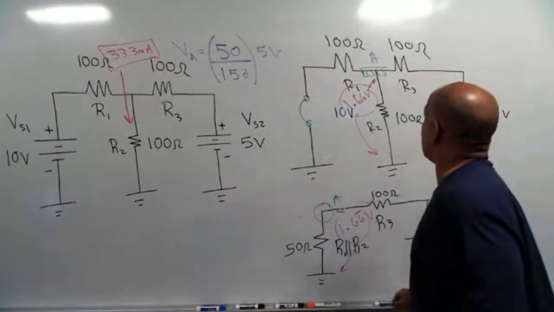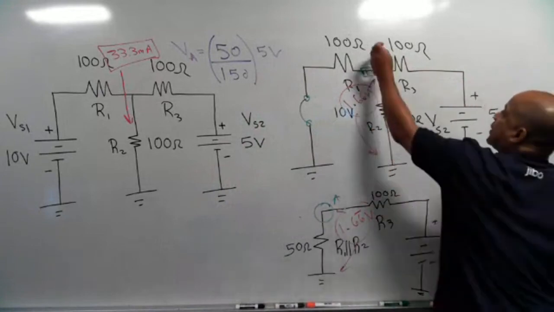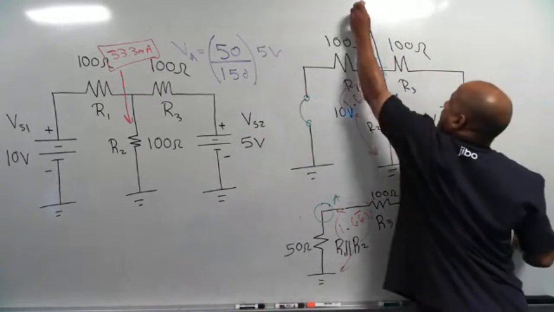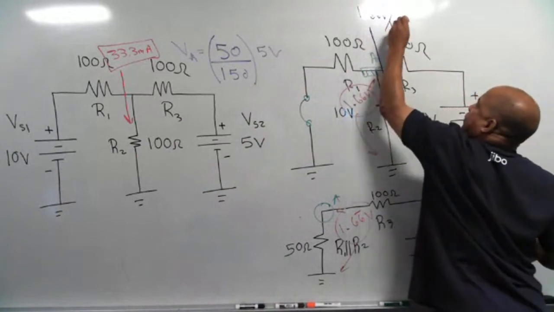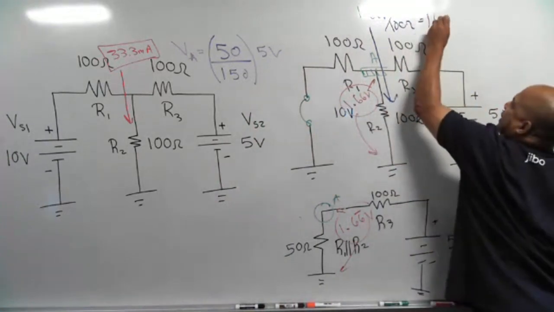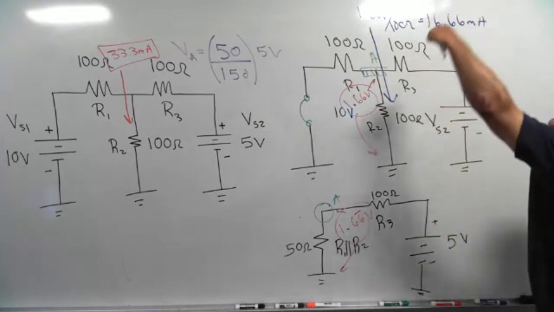I'll use blue for my current. So this current is going to be this voltage divided by the resistance. I'm going to end up with 16.66 milliamps going down.